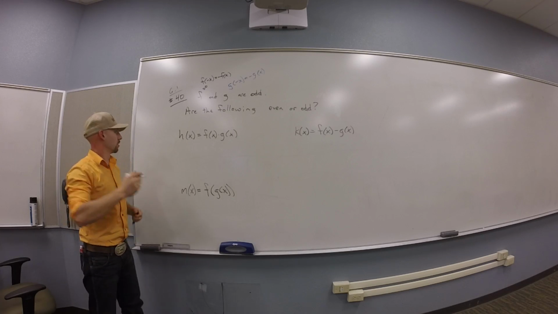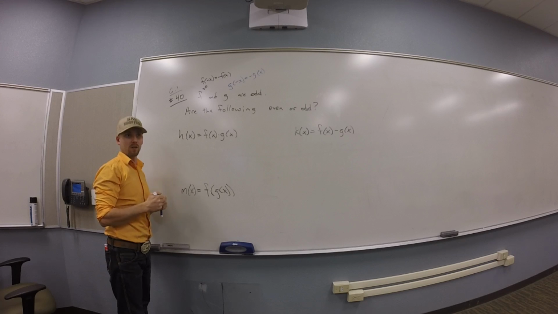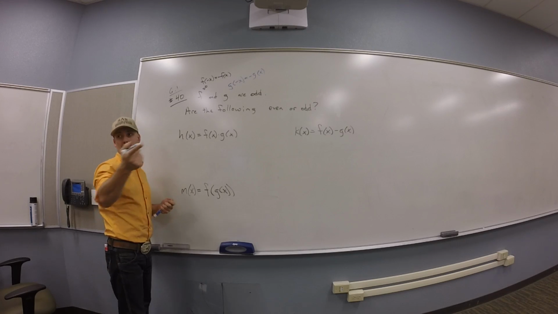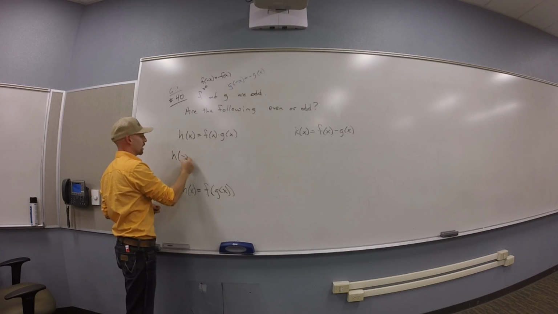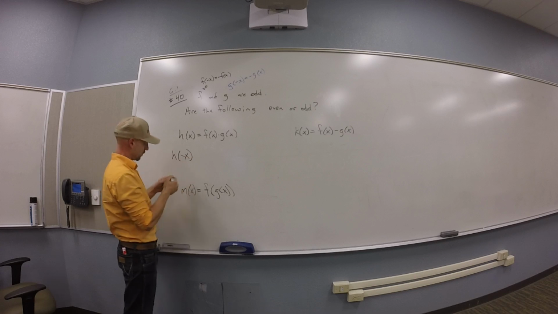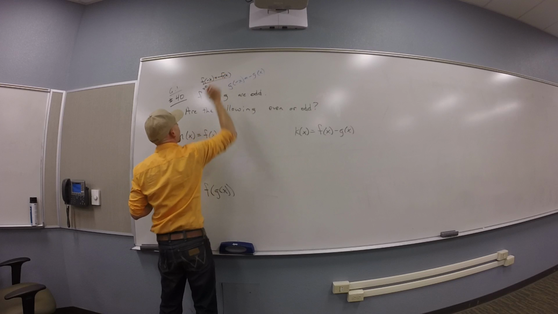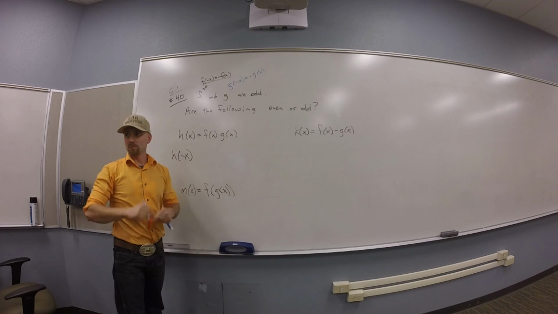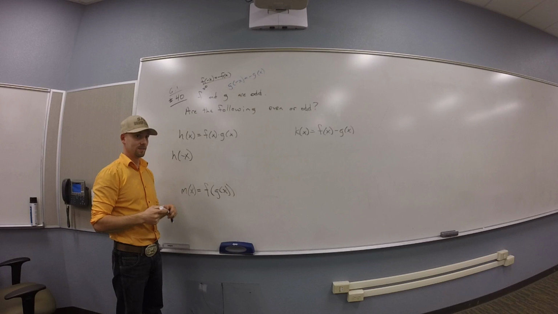Okay, so to do h, there's a negative times a negative in that. So I want to look at h of minus x, right? And I really should have colored my fact a different color. Hereafter, call the fact that f is odd the red fact.